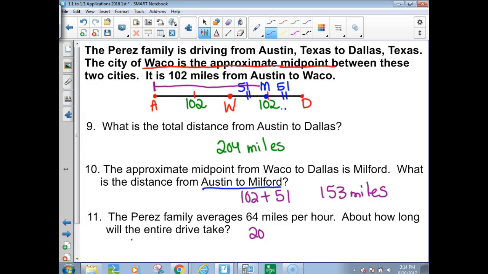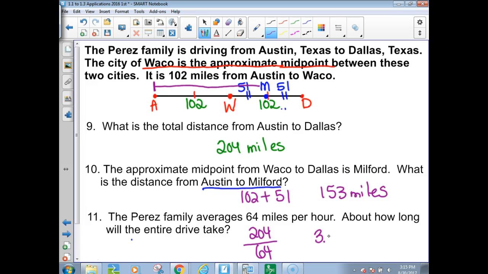So we take the 204 and we divide it by 64. And that should give us the number of hours. It's like 3.1, if I remember correctly, 8, blah, blah, blah. Okay, so let's go to the nearest tenth.